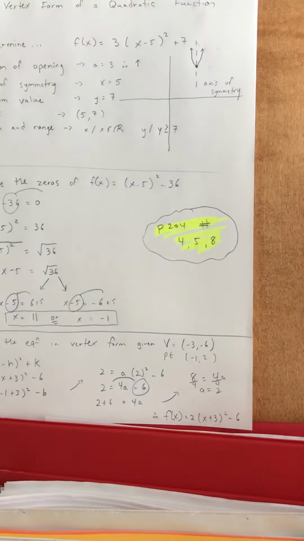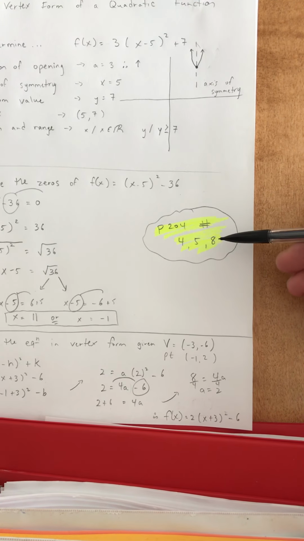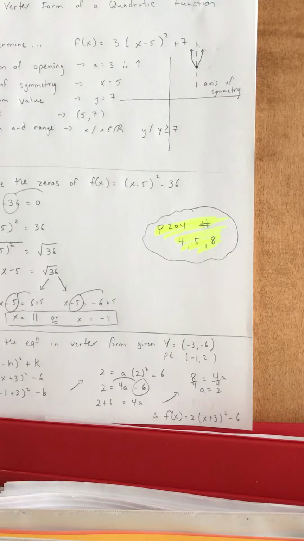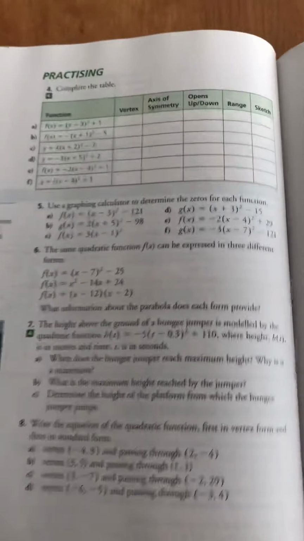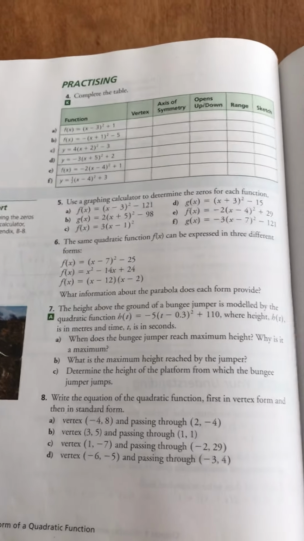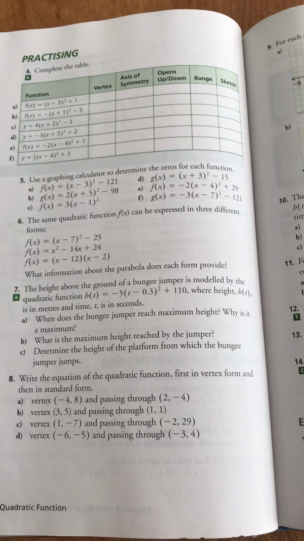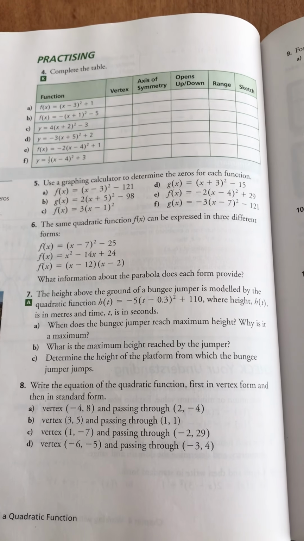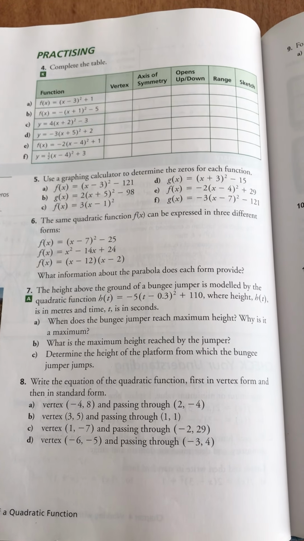Okay, so I made a lot fewer questions for you. On page 204, it's numbers 4, 5, and 8. I'm going to try to put the Nelson textbook online for those of you that didn't bring your textbook home. For now, this is what page 204 looks like. Number 4 is the chart. Number 5 is determine the zeros.